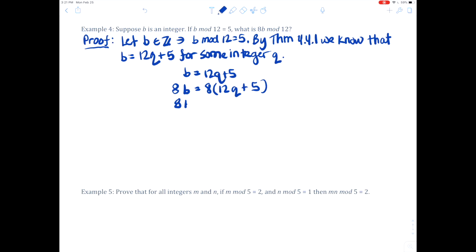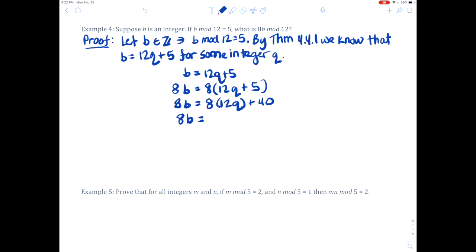So, continuing, we will have 8 times 12q plus 40. Cool so far? I have to work on this a little bit more because I have a remainder of 40 as it stands, and my divisor, remember, is 12.